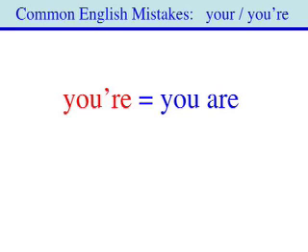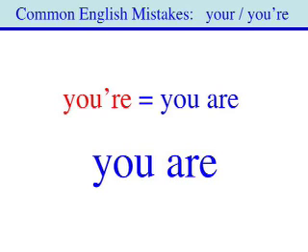The second your, spelled Y-O-U-apostrophe-R-E, means you are. It is a contraction. A contraction is formed by putting two words together, removing one or more letters from the second word, then putting in an apostrophe in place of the missing letter or letters.